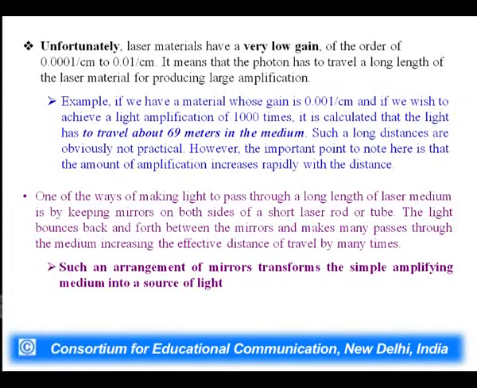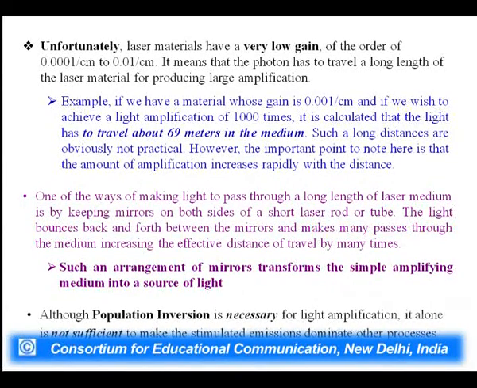At a shorter distance, by putting the mirror on both sides, we can achieve the amplification of the light. Then it makes many passes through the medium, increasing the effective distance of travel many times. Such an arrangement of mirrors transforms the simple amplifying medium into a source of light.